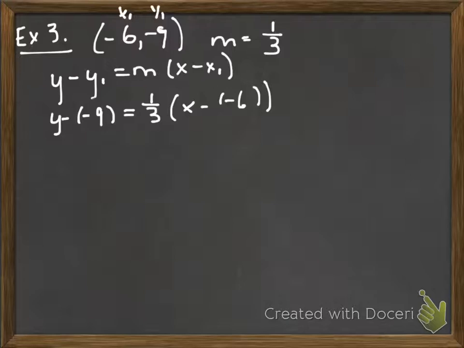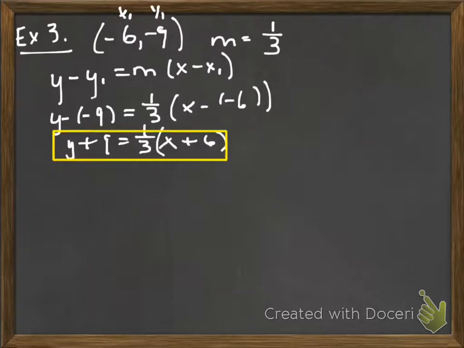Okay, almost, but you skipped a part that you could have done. Why did you change x minus minus 6 to x plus 6? To take out the double. So why didn't I do that at the beginning? Yeah, I was just about to correct. So go ahead, tell me. y plus 9 equals 1/3 times x plus 6. Okay, good. I want to get rid of my double signage. So there is my answer in point slope form.